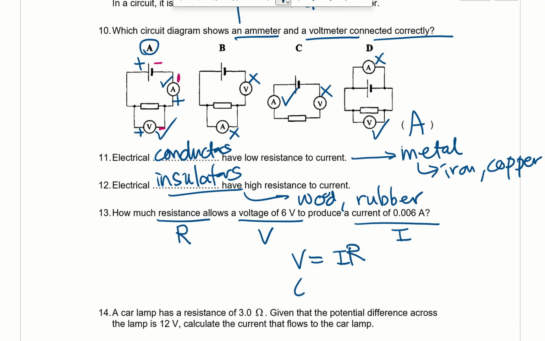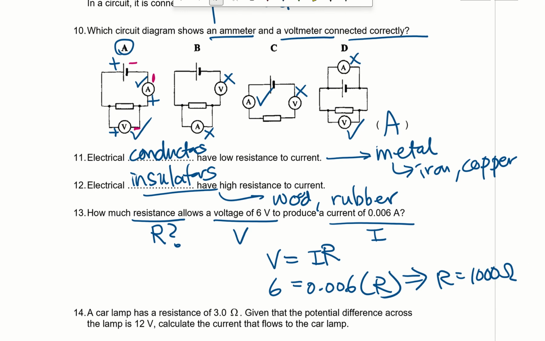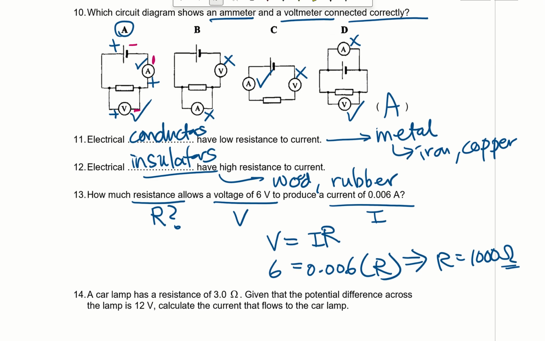You can substitute V as 6, I as 0.006, then my R is the unknown, right? After you do that, you'll get R to be 1000 ohm. And ohm is actually the unit for resistance. So you need to know your alphabet, know your letters.